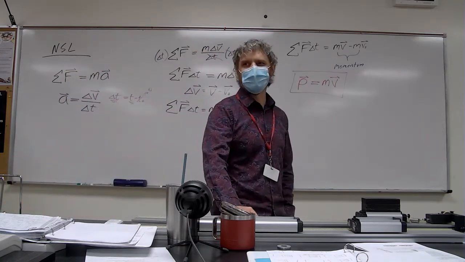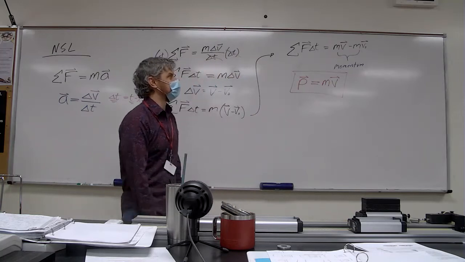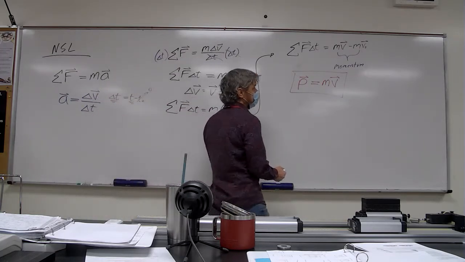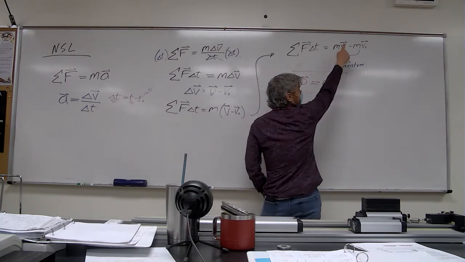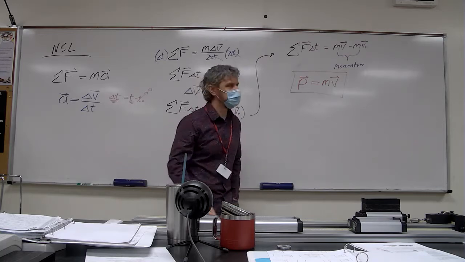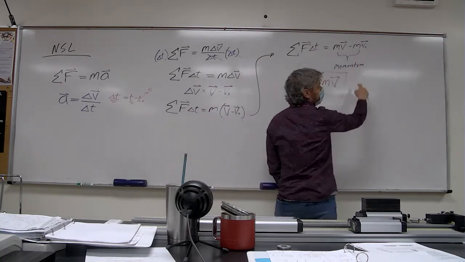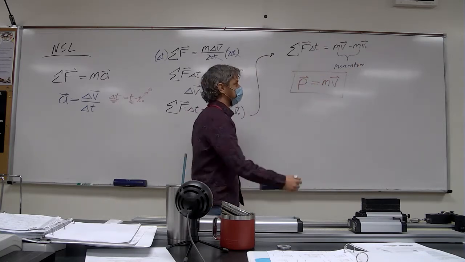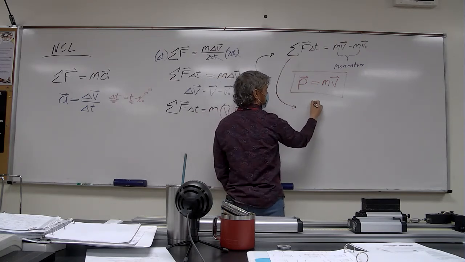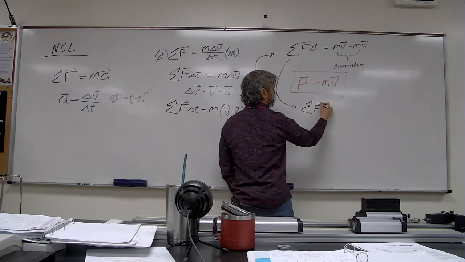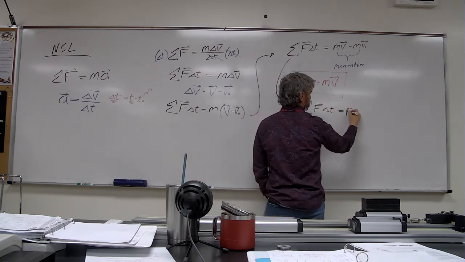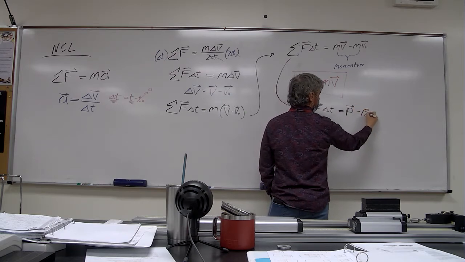In this class, we get a little more rigorous with it, and so we're going to have to dig into the physics quite a bit more by noting that m times final velocity is final momentum. m times initial velocity is initial momentum. So I can actually rewrite this with our new definition of momentum as net force times the time interval over which that force acts equals final momentum minus initial momentum.